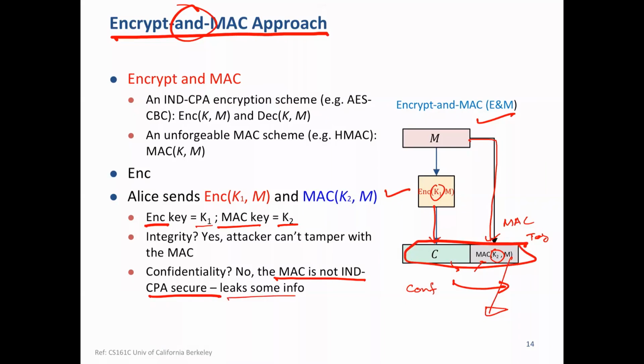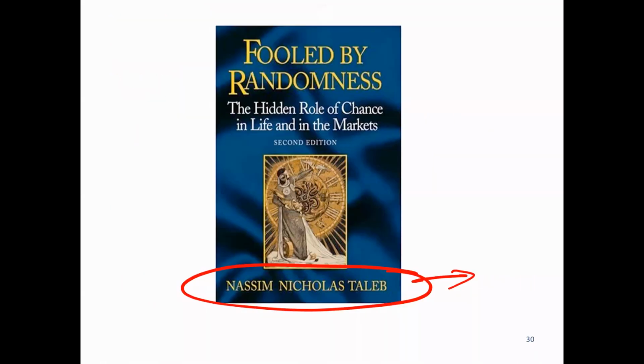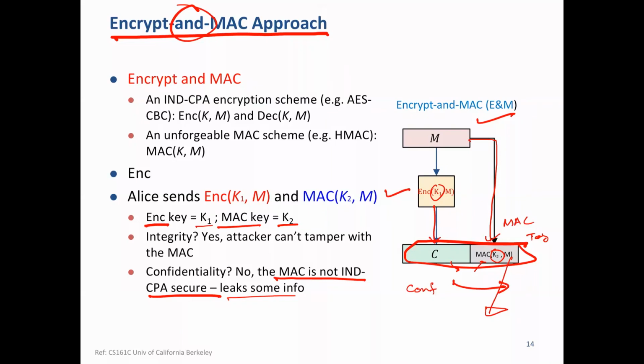So this scheme can be used, and it is being used in many protocols, but it is not 100% confidential, because a MAC in many cases may leak some information. We are not going to prove this, but just try to understand, based on whatever we studied so far.